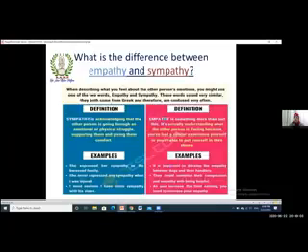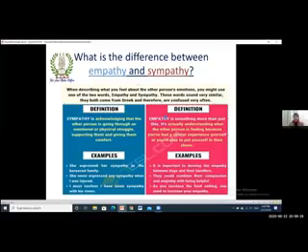Empathy is when you understand what another person is feeling and you put yourself in his shoes. When we say empathy, there is a related word that is similar, sympathy.